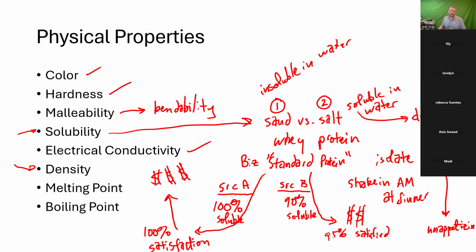So this is chemistry and a physical property connecting to a business and to the success of a business. Now, of course, there are other aspects to starting a business. Marketing is absolutely a part of it.